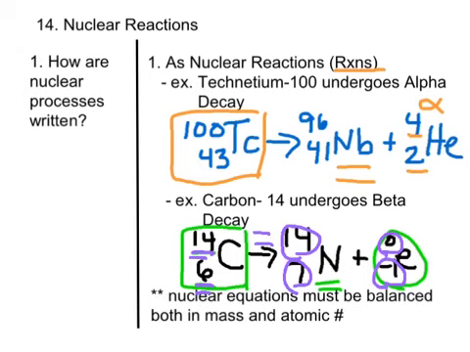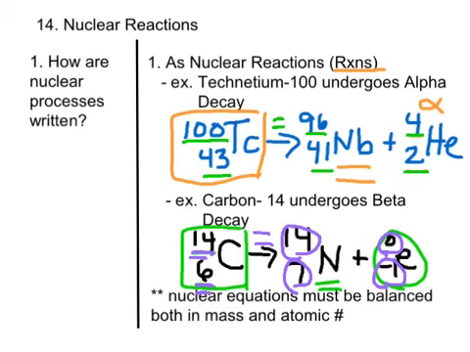The same thing works up here in the technetium one, where we have 100 as the mass, and that's going to equal 96 plus 4. So it's an easy way to figure it out. And then on the bottom, 43 is the total, and so over here we have 41 plus 2. So that's super important to realize in these nuclear reactions.